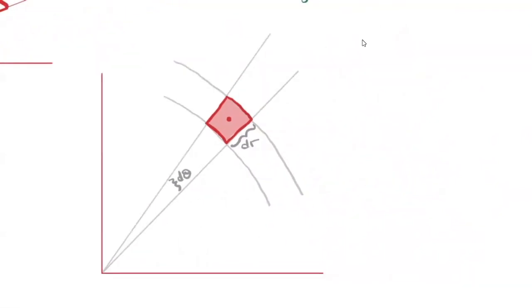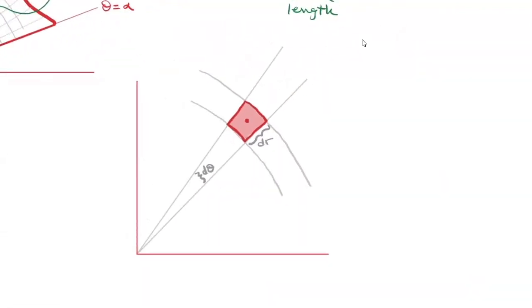Just to remind you, I want a length in both directions on this. I need this length here, that's an arc length, and I need this length. That's easy: dr is this differential length.